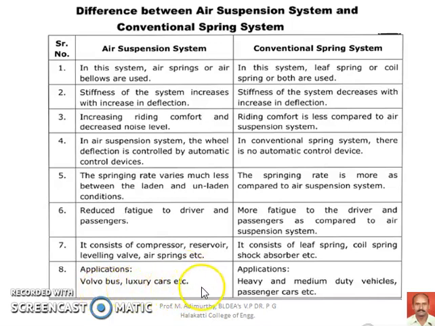Whereas the conventional spring suspension system is used generally in heavy and medium duty vehicles and regular passenger cars.